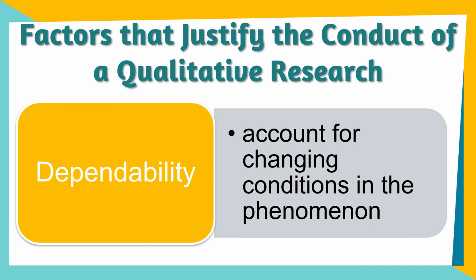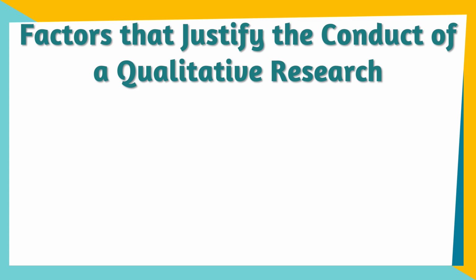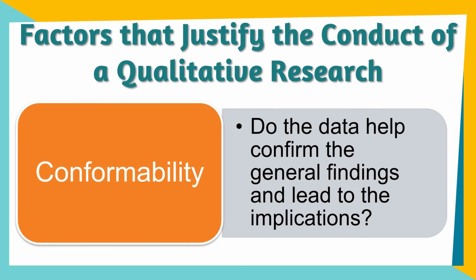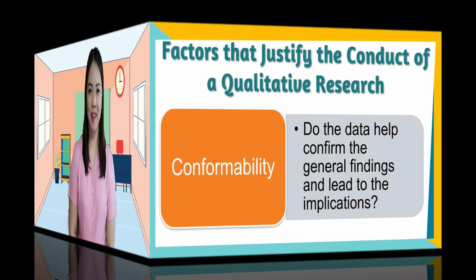It refers to the researcher's attempts to account for changing conditions in the phenomenon chosen for study, as well as in the design created by increasing refined understanding of the setting. The last factor is confirmability. It answers the question, do the data help confirm the general findings and lead to the implications? It means that it is amenable or corresponding or consistent in form or character.